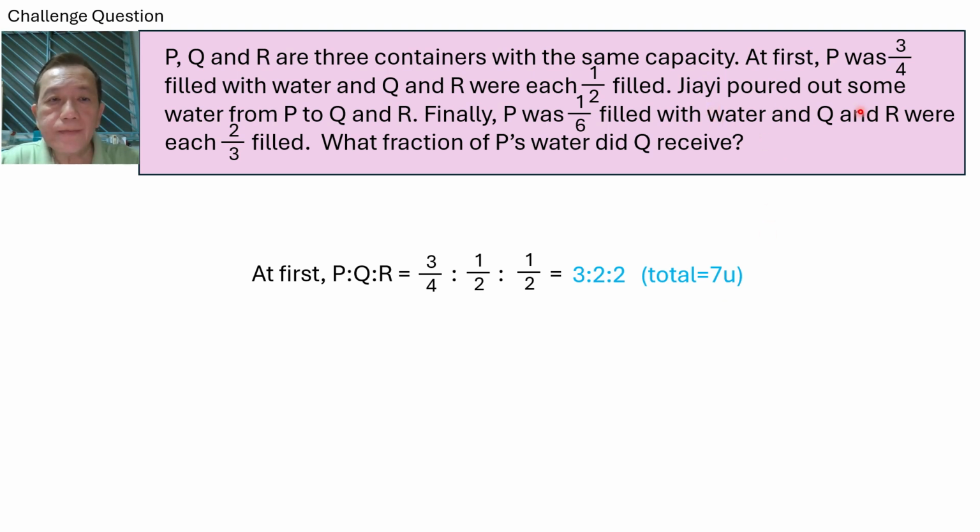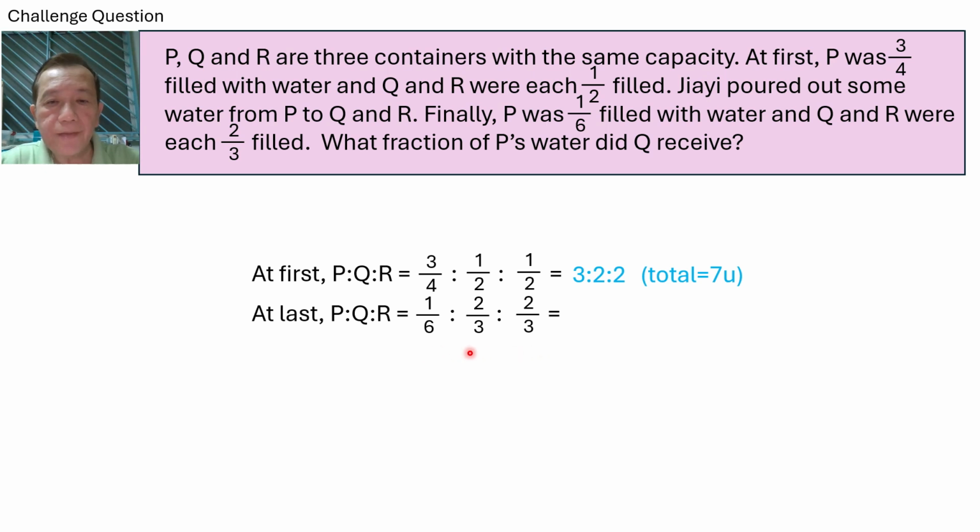GIE poured out some water from P to Q and R. Finally, P was 1/6 filled with water, and Q and R were each 2/3 filled. One-sixth is to 2/3 is to 2/3.